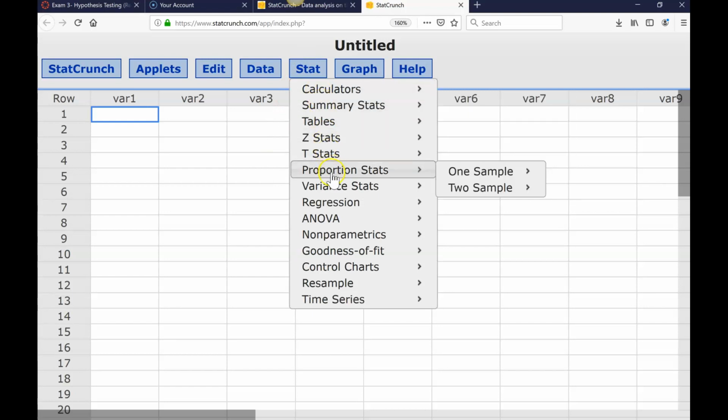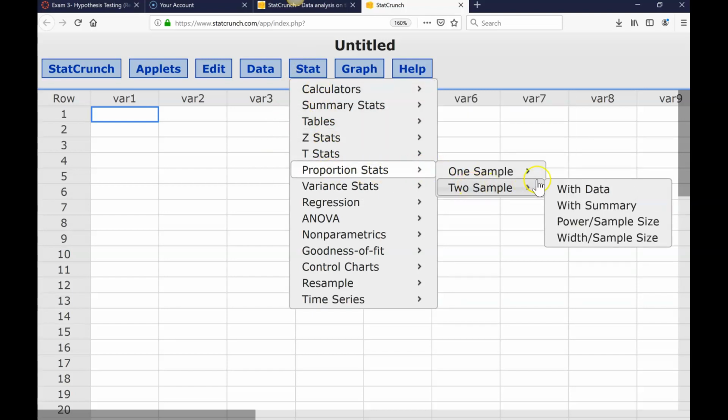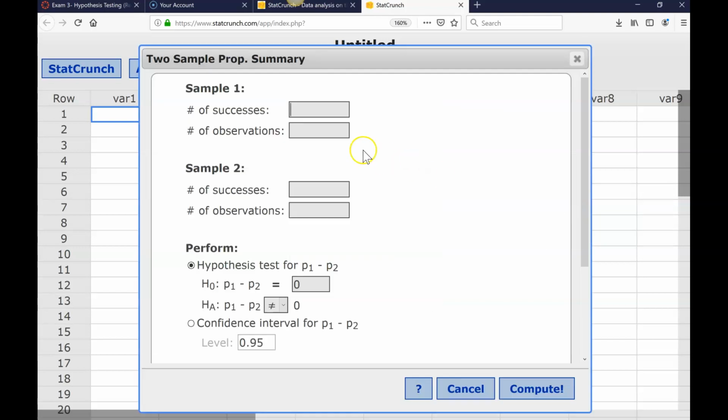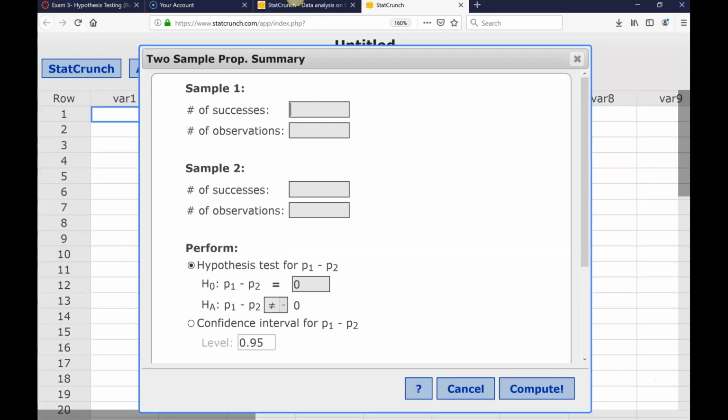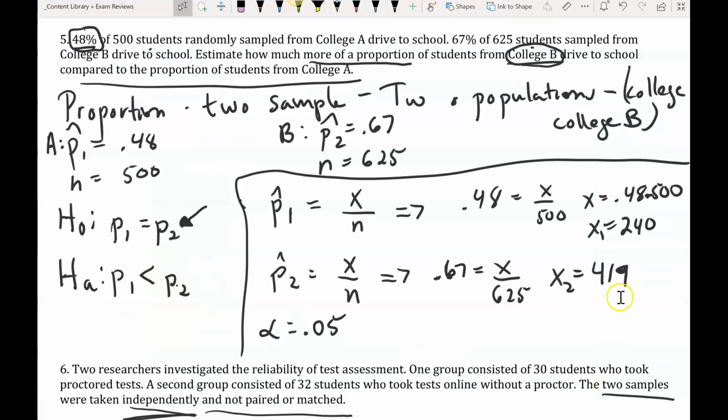I'm going to do my proportion stats. And this one here is for 2 samples, and I've got a summary. I've got summary information here. So for the first one, remember we had 240 out of 500. So 240 was the number of successes out of 500. And that's why I actually went in and I did what I did. 240 out of 500. Okay. And then for my sample 2, I had 419 out of 625. So I'm going to put those in.